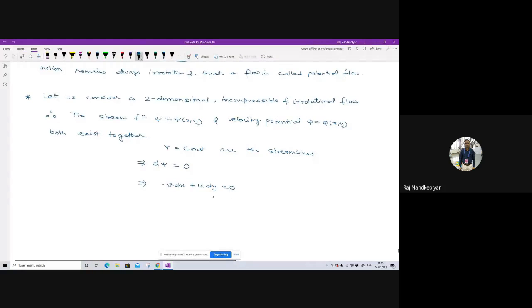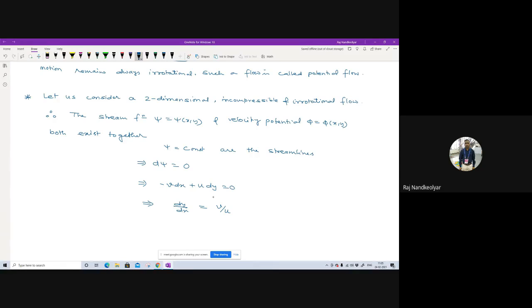And from here, actually, what you can conclude is that dy/dx equal to v by u. So what is dy/dx of this psi equal to constant?